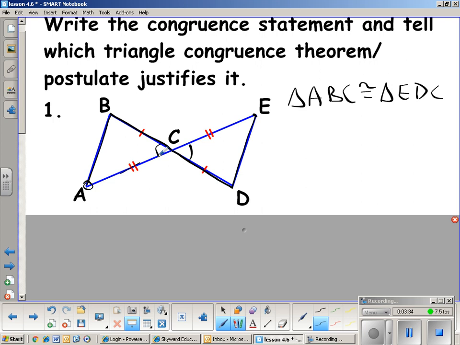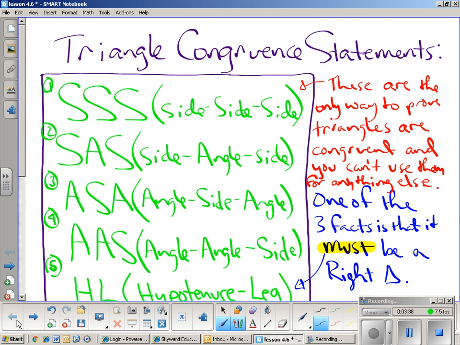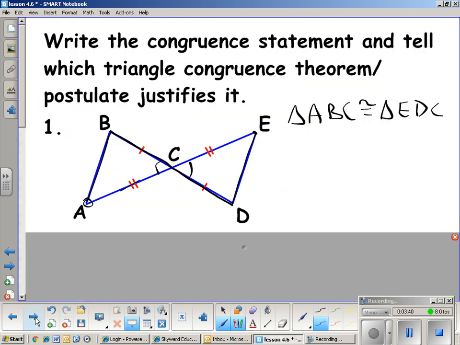Emily, can you tell me which of these 5 justify why these triangles are congruent? Very good. Side angle side. Okay? The angle is between the 2 sides that were given.